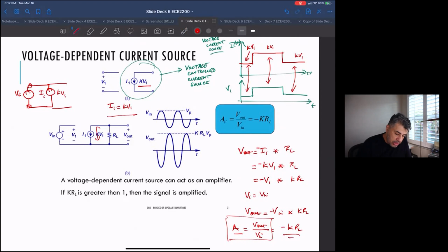Now notice something: it doesn't matter what happens here. This V out is just shorted to V in. So V out in this case would always be equal to V in.